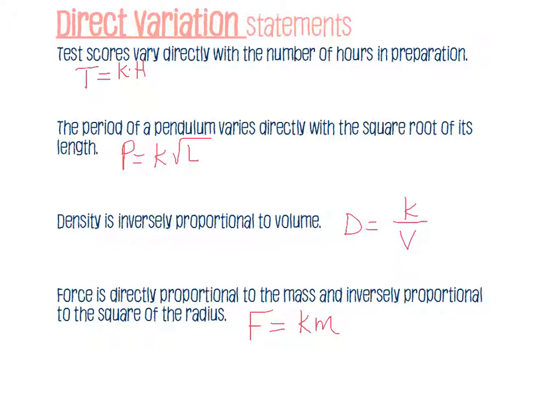K times M. But it's inversely proportional, so that means I've got to have a denominator in here to the square of the radius. Not the square root, the square of the radius. There you go. It's got direct variation going on here, but it's also got this inverse variation going on here.